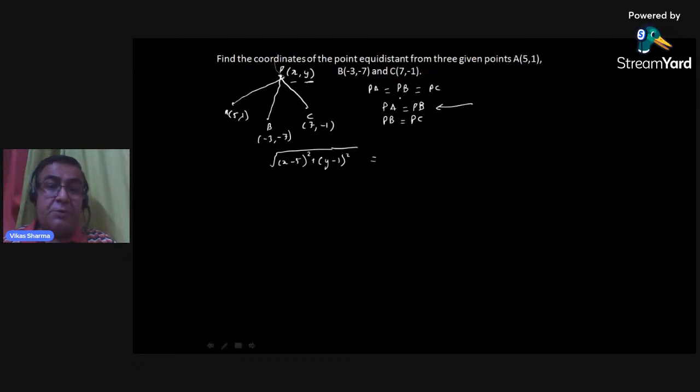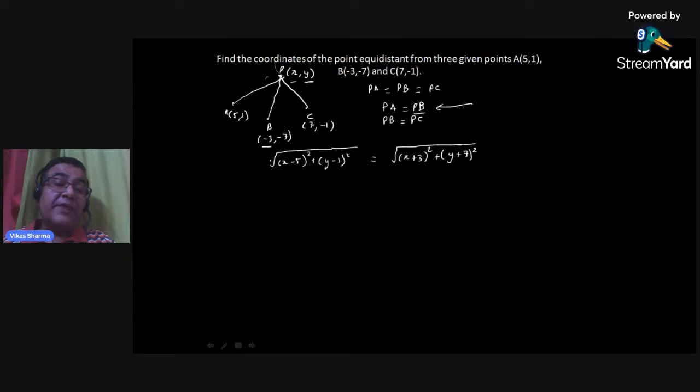That should be equal to PB. So the distance PB will be the square root of x minus minus 3. So minus of minus 3 will become plus 3. So x plus 3 whole square plus y2 minus y1. So y minus of minus 7 will become plus 7 whole square.